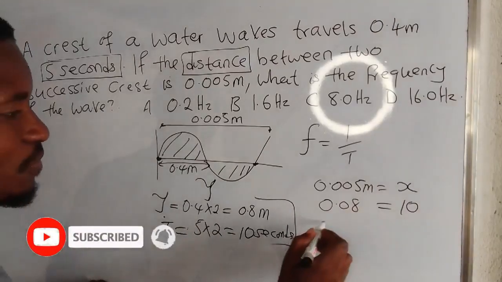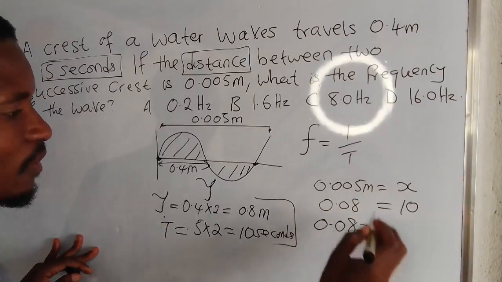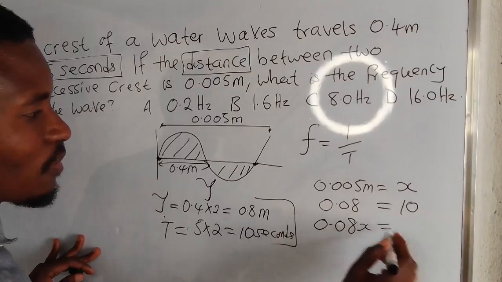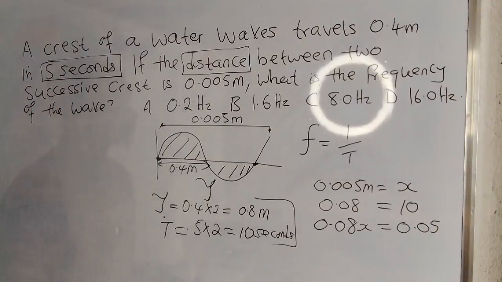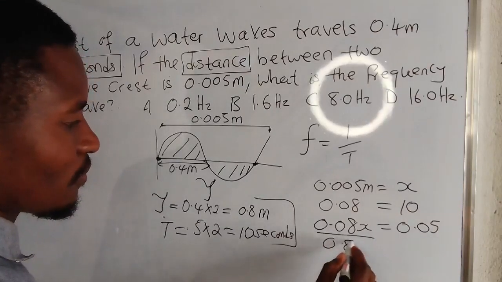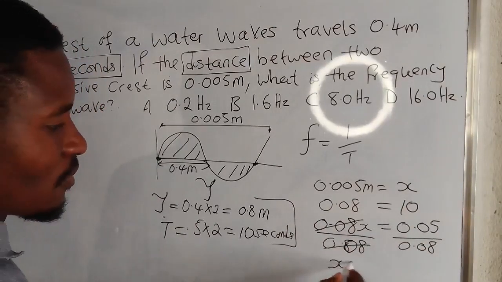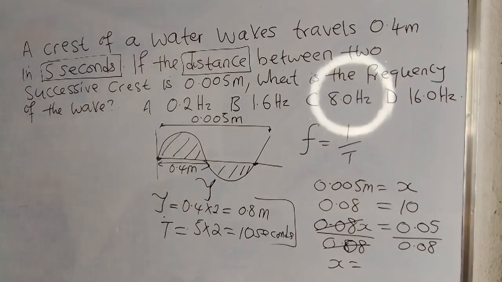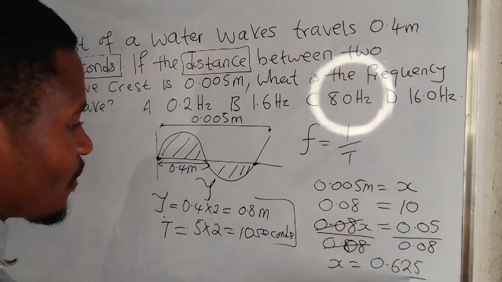So what you do now, you cross multiply: 0.8x equals 0.005. And once you divide both sides, you get 0.625 seconds.